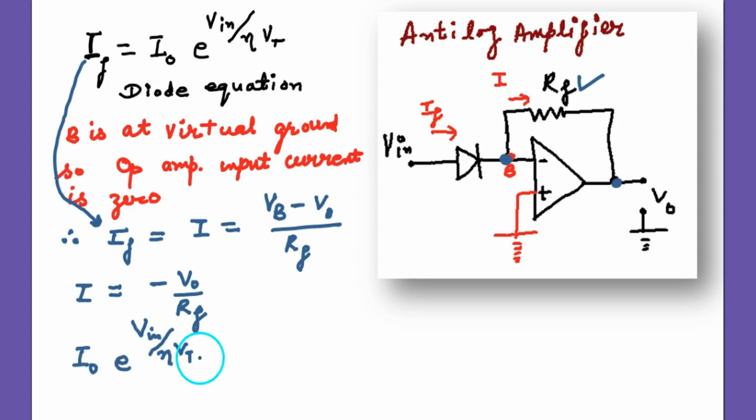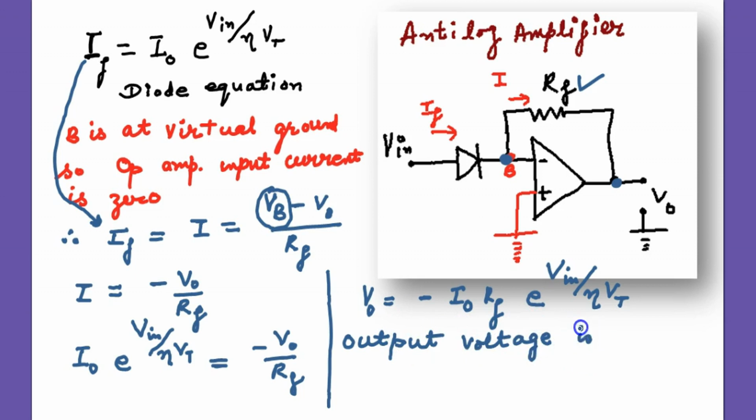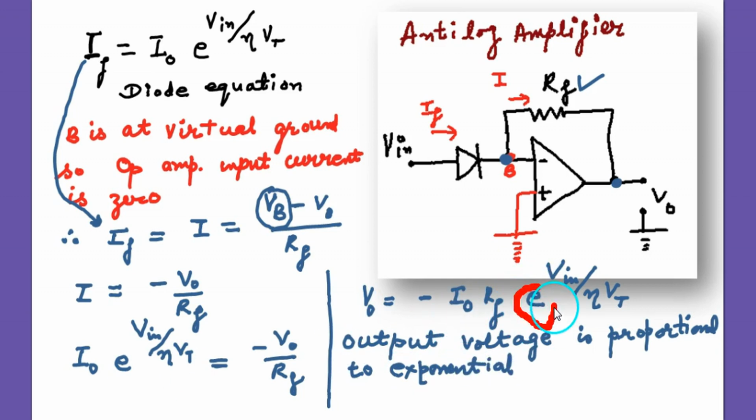Substituting the value of I here and simplifying, the output voltage is proportional to the exponential of the input voltage.